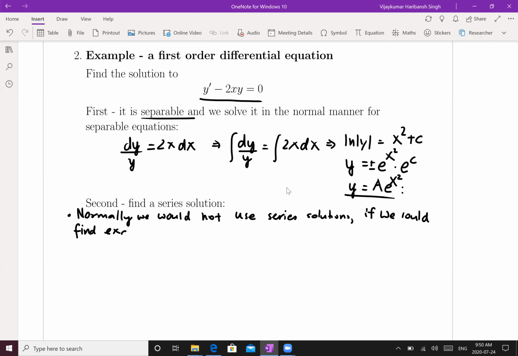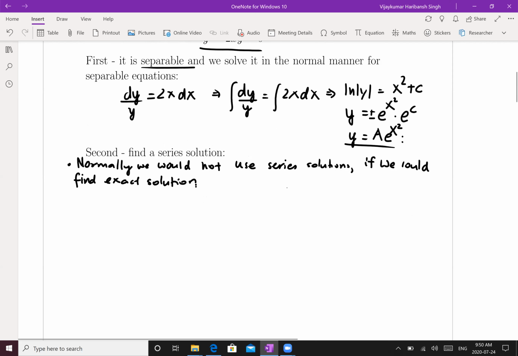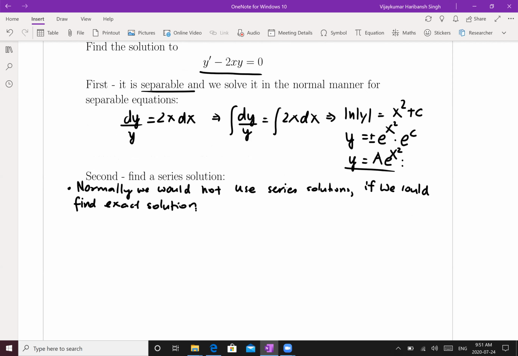So let's look at this simple problem and see the whole process.